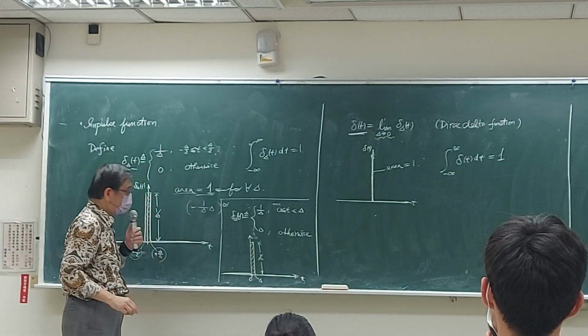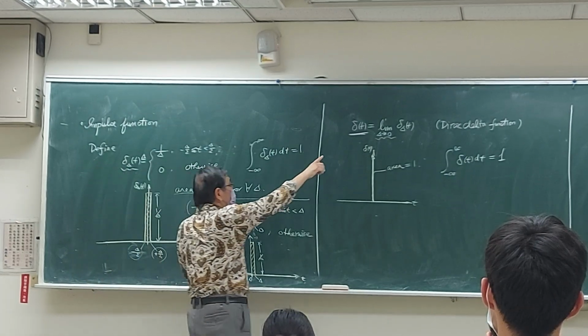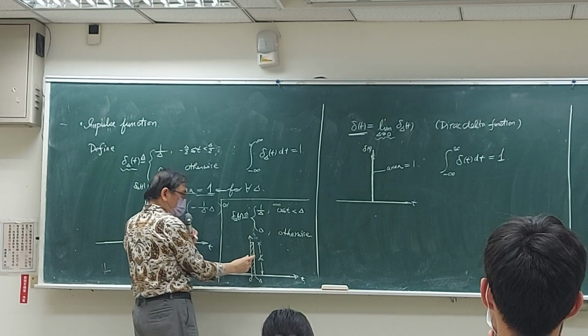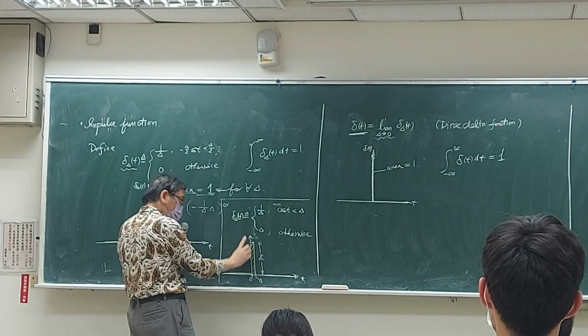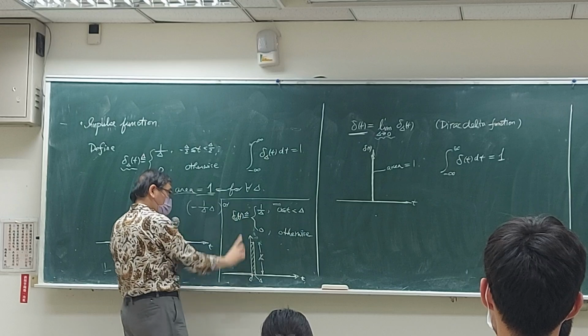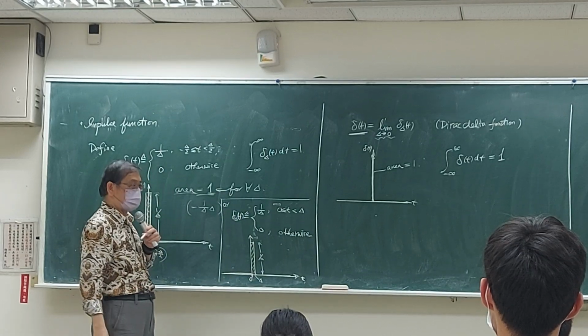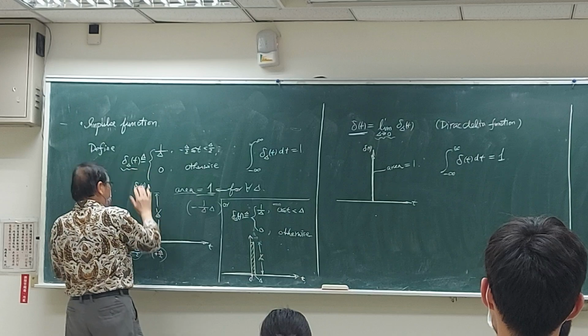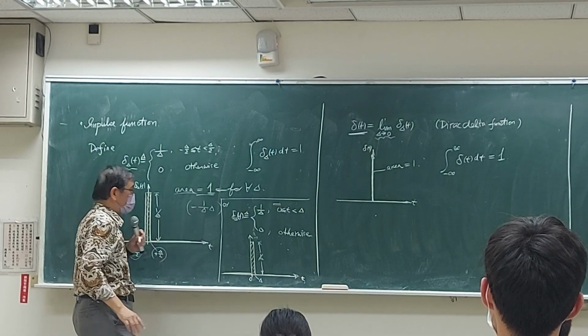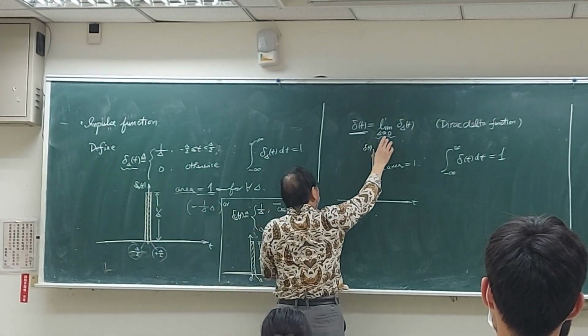But once you take the limit, this strip also becomes a very, very narrow impulse at t equals zero. So this definition is actually the same as this one when delta approaches zero.